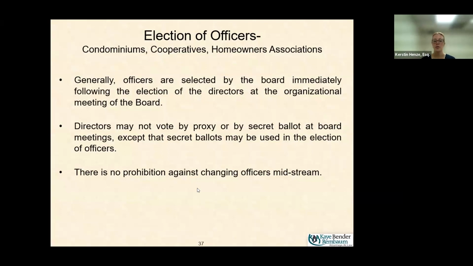There is no prohibition against changing officers midstream. So if you feel that your president or vice president or any other officer is not doing their job, the board can meet and decide to remove that individual from that particular officer position, appoint someone else, and reorganize.